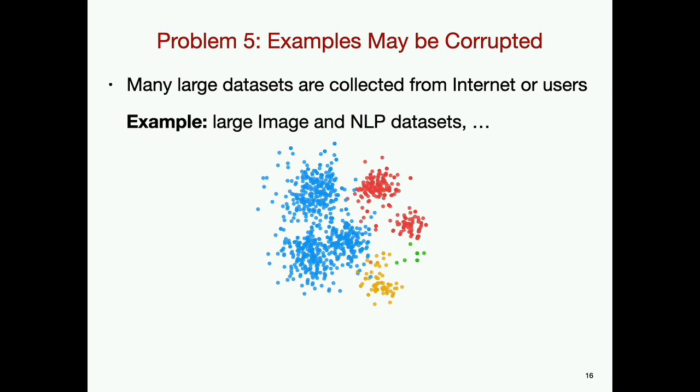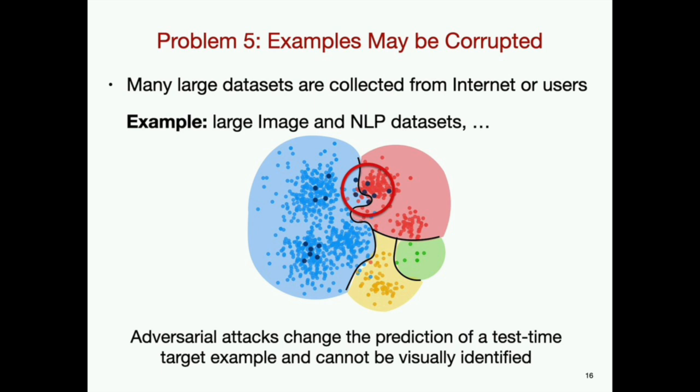Last issue: many of these large data sets, we crawl them from user-provided sources. And a lot of times, people can insert malicious examples, just a few of them. We train the model, everything goes well, performance is good. At test time, the target example that the adversary likes is going to be misclassified to the class that the adversary likes.